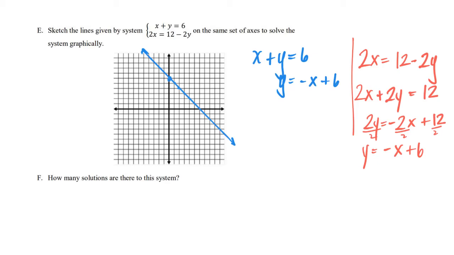Well, this is interesting. If I look at these two equations, what I'm noticing is that they're actually the same, which means when I graph this second line, it should overlap the first line. Stick with that red color.